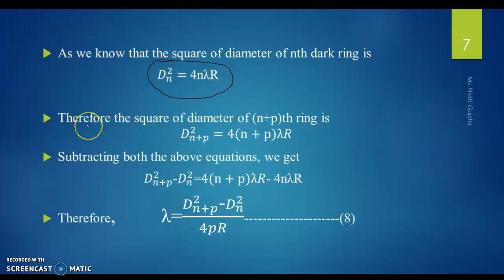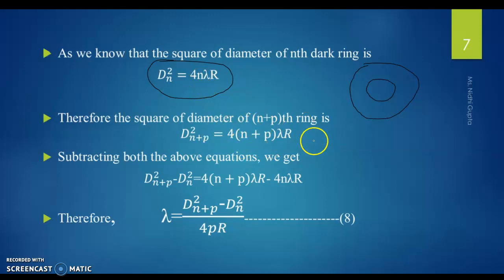Similarly, for the n plus pth ring, a ring of order n plus p, we measure the diameter, and dn plus p square will be given by 4 times n plus p lambda r. The order has changed, n is replaced by n plus p.